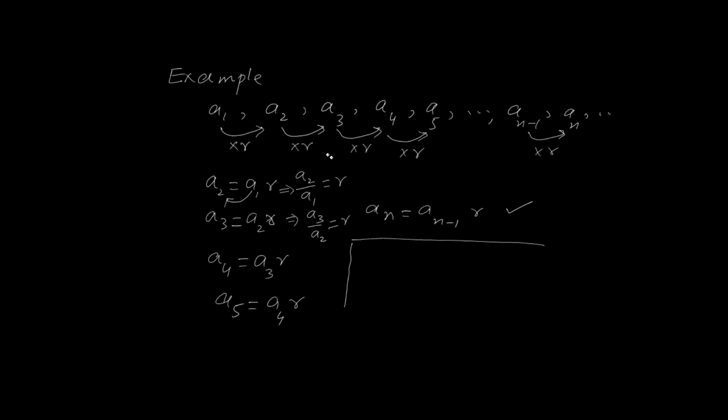So r can be obtained each time by dividing the next term with the previous term, and we are getting the same number r each time, and this r is known as the common ratio.